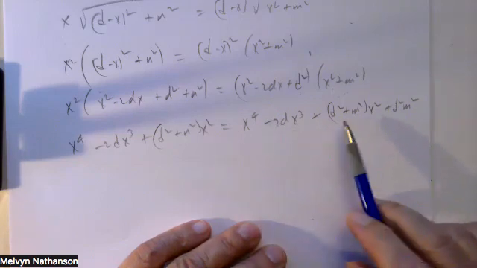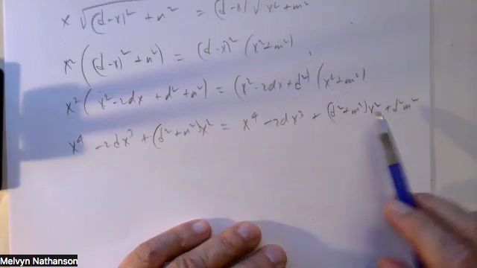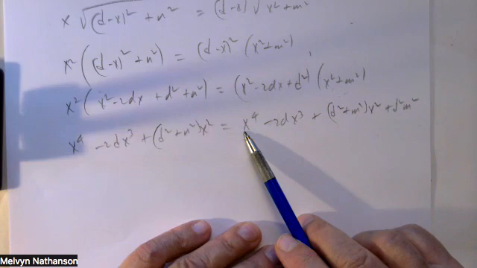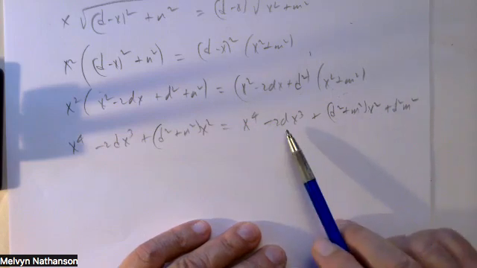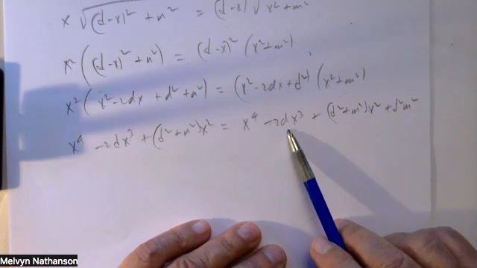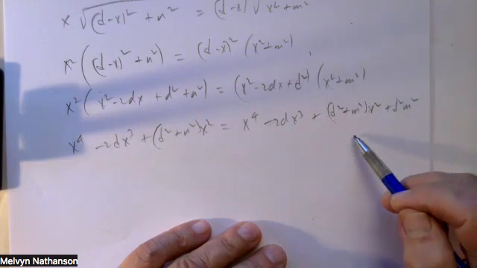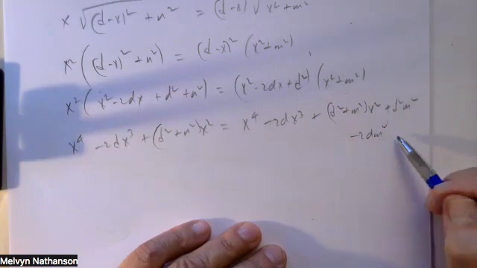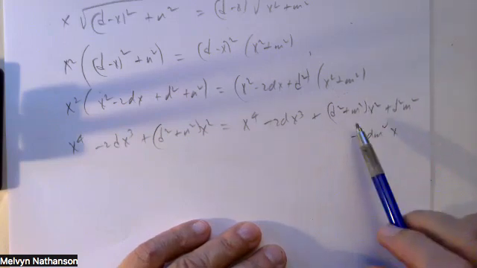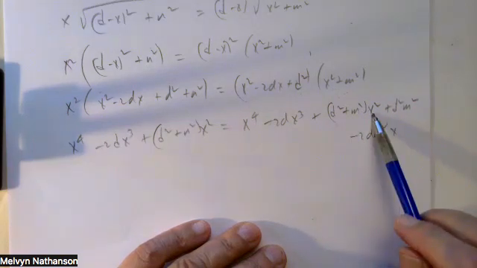I should have 6 terms. Let's see. X to the fourth, m squared x squared, minus 2dx cubed, the linear term, minus 2dm squared x, d squared x squared, and d squared m squared.